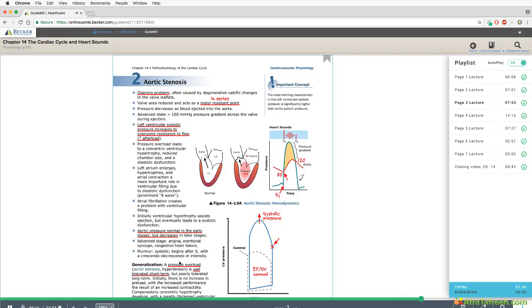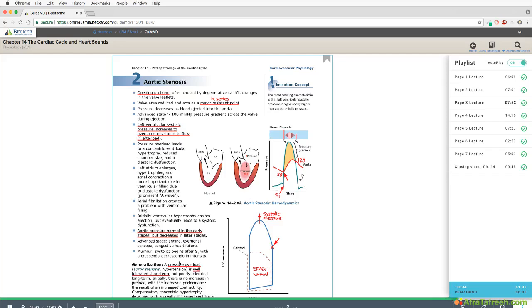Now the ventricle tries to compensate. It compensates by developing a concentric hypertrophy. Just to repeat a point here, a pressure overload on the ventricle is very threatening long term, and the ventricle responds by developing a concentric hypertrophy.